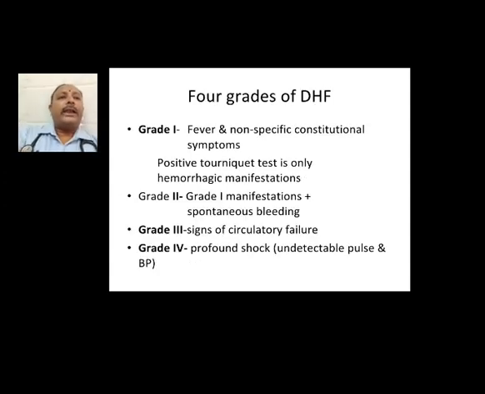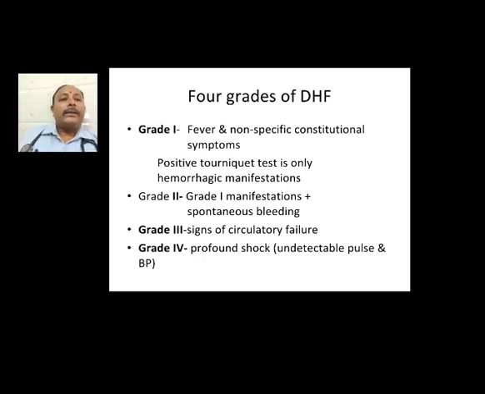Now, 4 grades of dengue hemorrhagic fever: grade 1, grade 2, grade 3 and grade 4. Grade 1, fever and non-specific constitutional symptoms, that is positive tourniquet test is the only hemorrhagic manifestation in grade 1. Grade 2, grade 1 plus spontaneous bleeding.